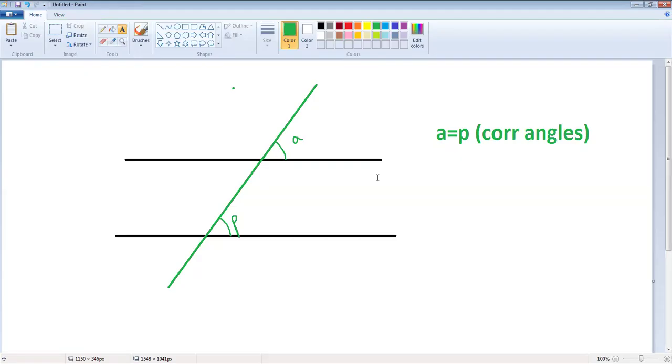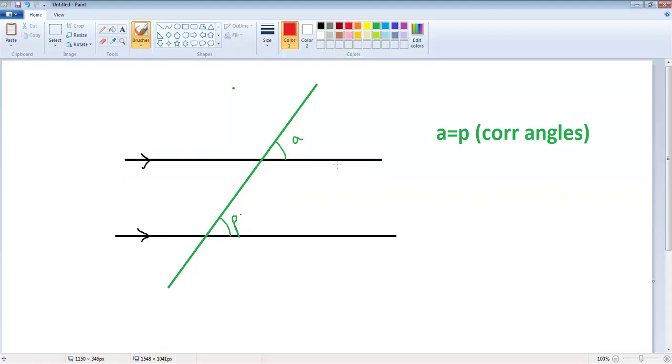They correspond, they are at the exact same position, when two parallel lines are cut by a third transversal line. The transversal line makes the same angle with both lines, so I'll call them corresponding angles. So A is equal to P, which is called a corresponding angle.